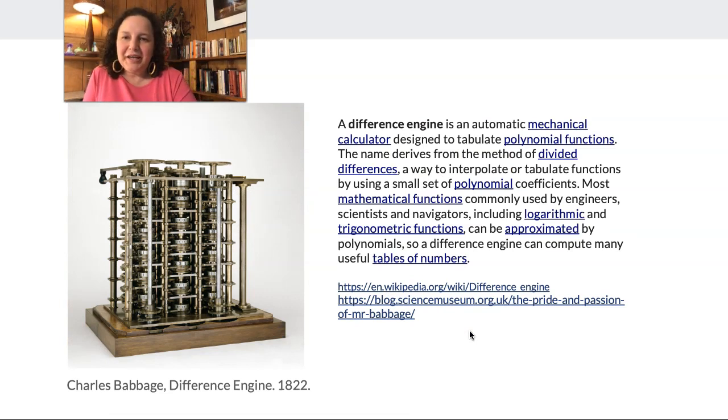So thinking about the idea of a citizen scientist, Charles Babbage was a mathematician, and he decided to actually make a calculator. You could call it a calculator of a sort. It only calculates a certain type of function.